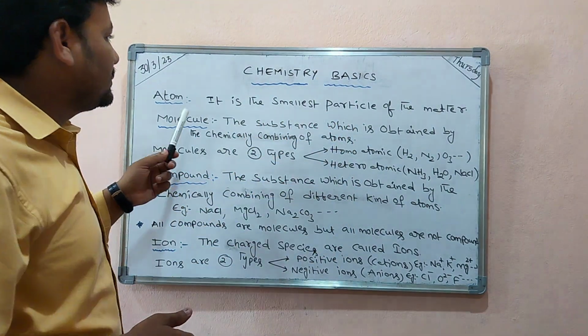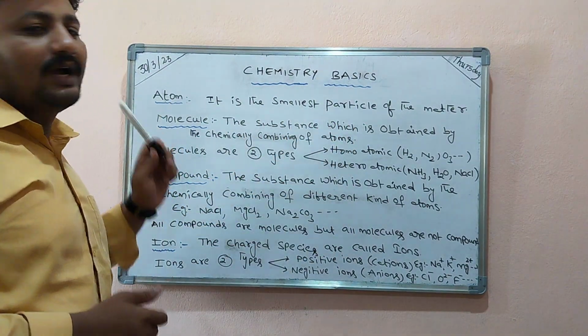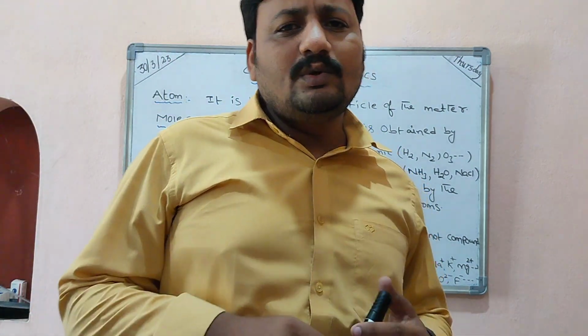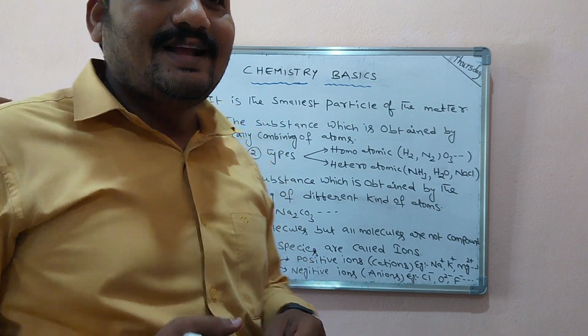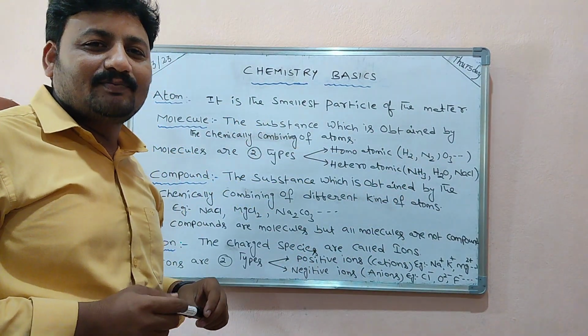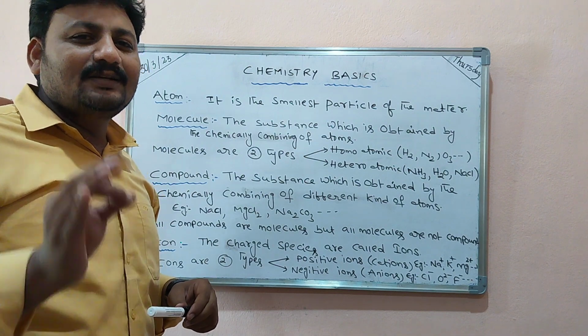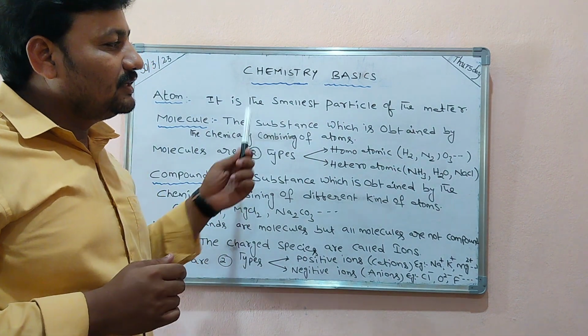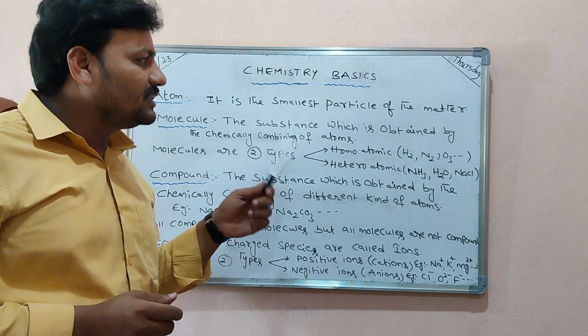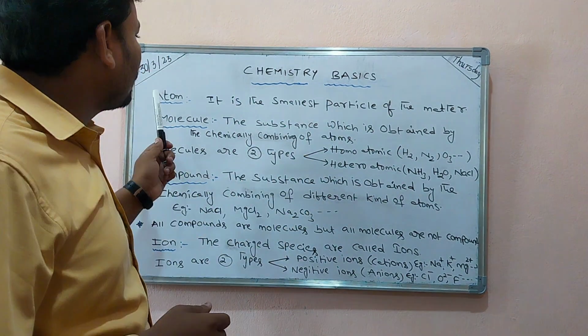The first basic word in chemistry is atom. Atom is the very basic unit in chemistry. Atom is the smallest particle of matter, in living and non-living things also. In non-living things, the smallest particle is called an atom.